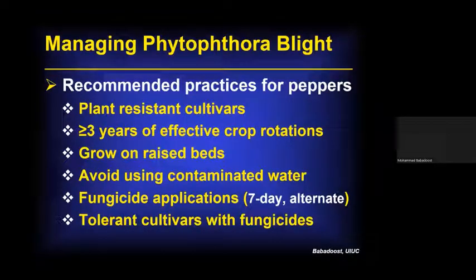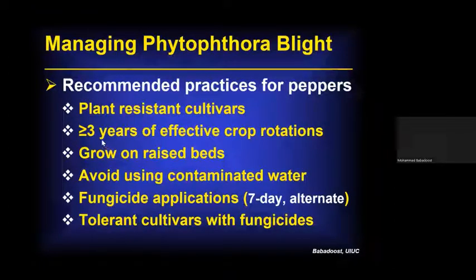So what is our recommendation for pepper at this time in Illinois? I'm talking about Illinois. I'm not talking about New Mexico. I'm not talking about North Carolina. This is in Illinois. Plant resistant cultivars. We do have them available if you want.